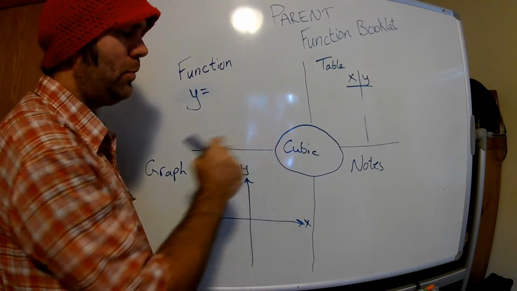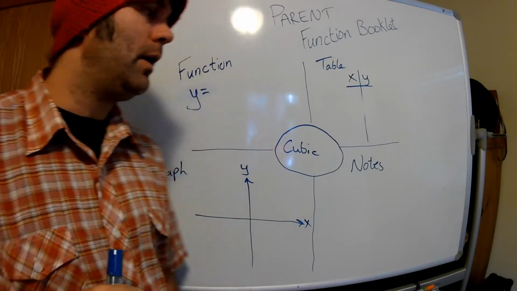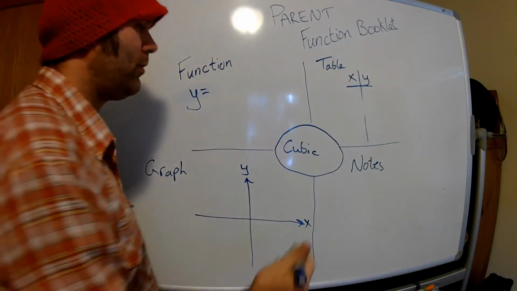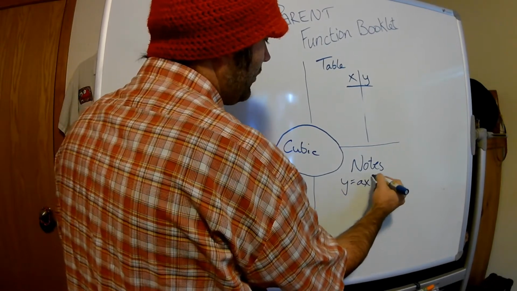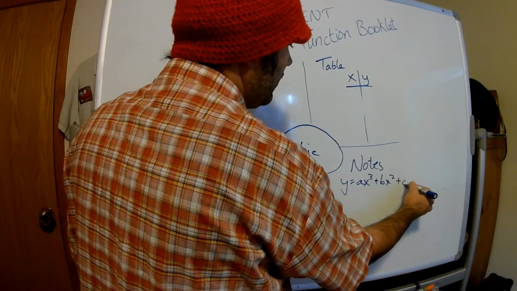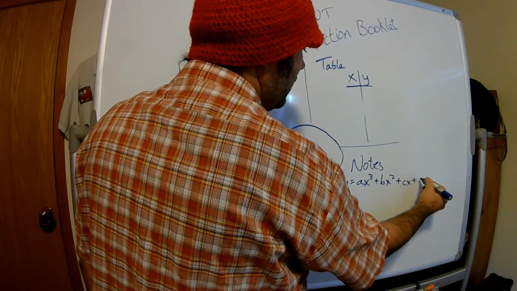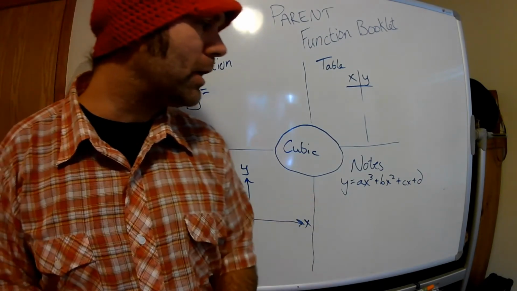Alright, so a cubic function is raised to the power of 3. So we've got our standard form, y equals ax cubed plus bx squared plus cx plus d. So that's our standard form of a cubic.